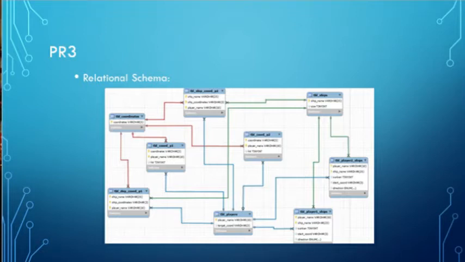Alright, so let's talk about the keys of our tables. As you can see from the relational schema, our keys are marked by yellow exclamation marks. The primary keys in our main entity tables, table coordinates, table ships, and table players, are as follows: coordinates, ship name, and player name.